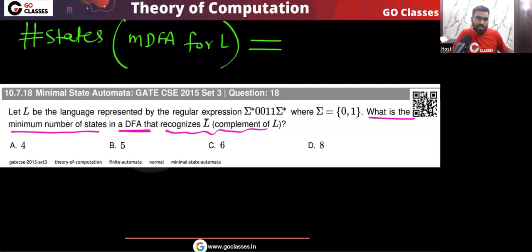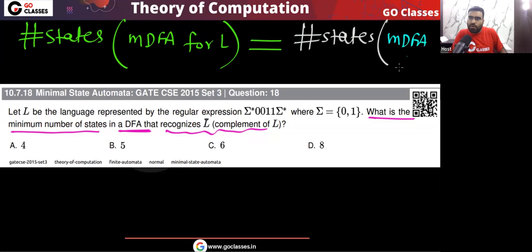Remember, for any regular language, the number of states in the minimal DFA for L will always be the same as the number of states in the minimal DFA for L complement.